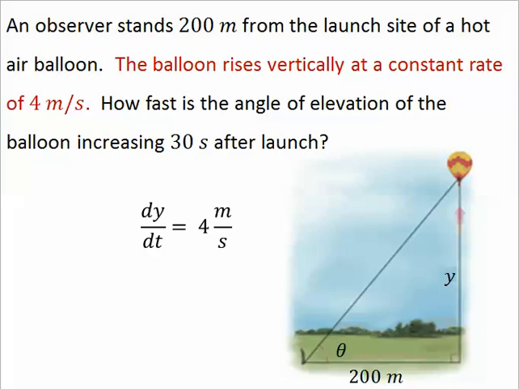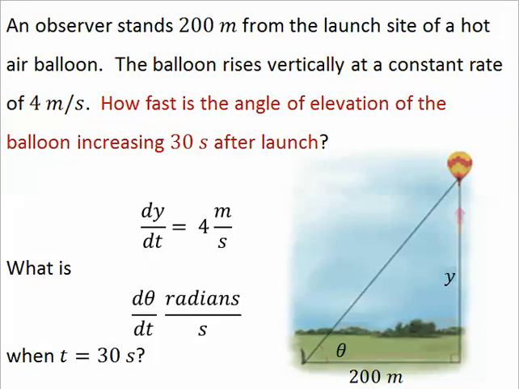All right, information. The balloon rises vertically at a constant rate of 4 meters per second. That means that dy/dt, the rate of change of y with respect to time, is equal to 4 meters per second. We're looking for d theta/dt, and that will be in radians per second, when t is 30 seconds.